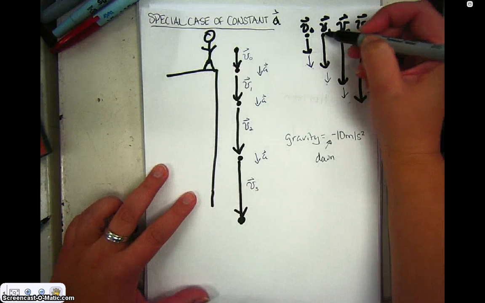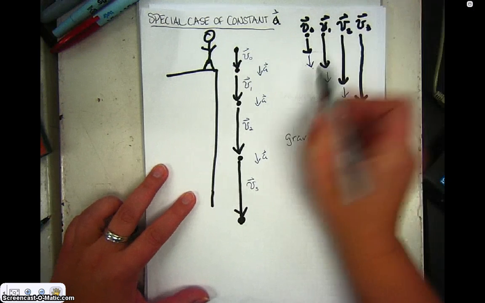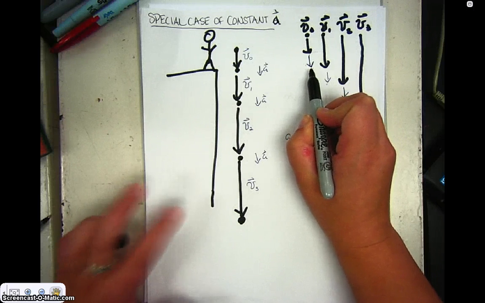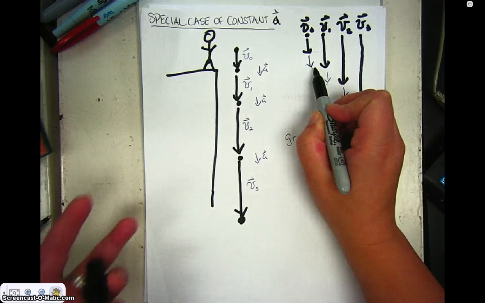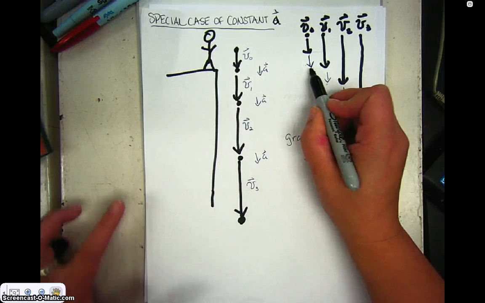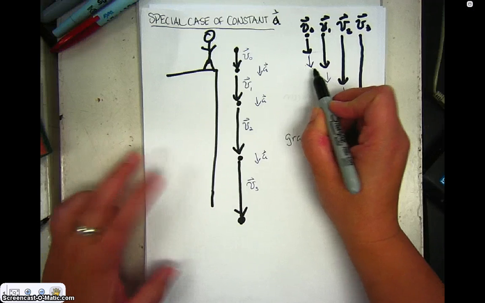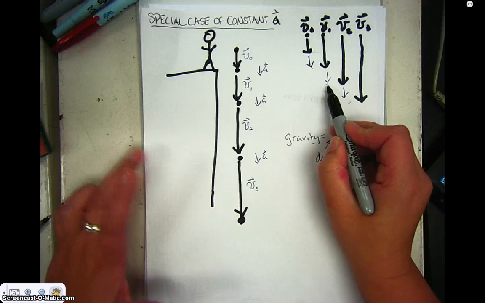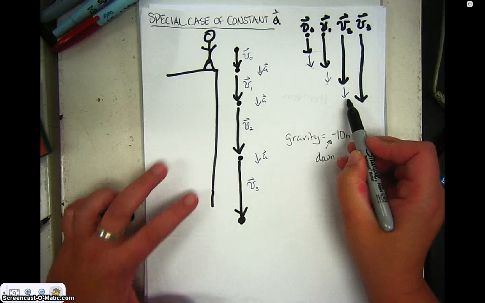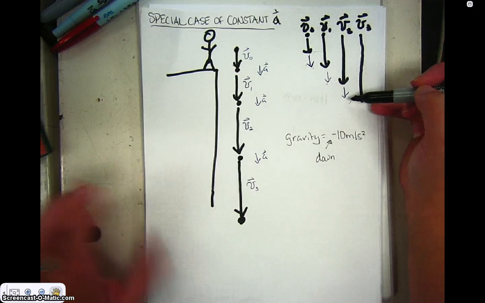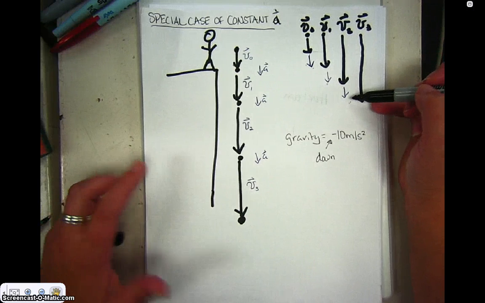So here's the first velocity vector and the second velocity vector, and you can see that this smaller arrow represents the change in velocity, which we know that the change in velocity over some unit time is acceleration. So that's actually an acceleration vector. And then here for the second, again, another acceleration vector and another acceleration vector. So we see that this is constant acceleration. We have the same change in velocity in every second.